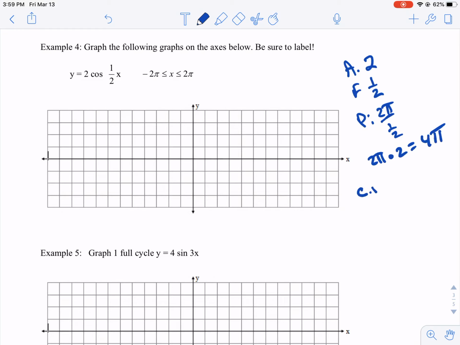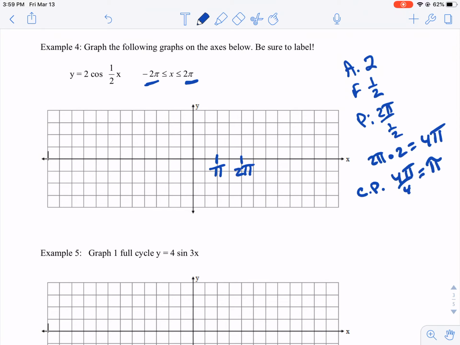And the critical points then is you take the period and divide it into 4 equal parts, which gives you pi. So that means I'm counting on my x-axis by pi. So that's going to get me to the 2 pi and the negative 2 pi. So counting by pi's, 1 pi, 2 pi, and that's as far as I go.